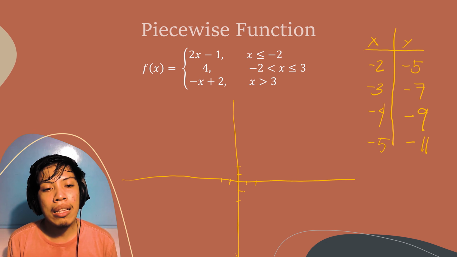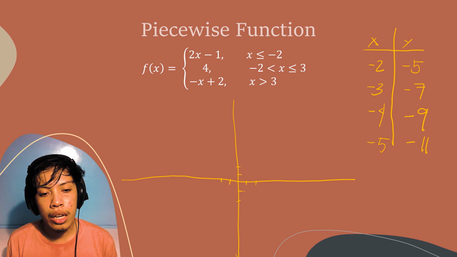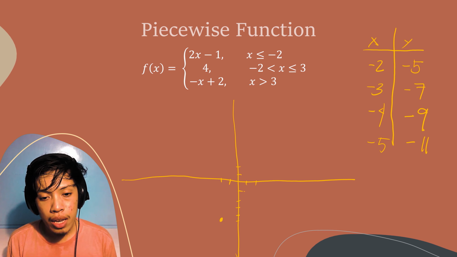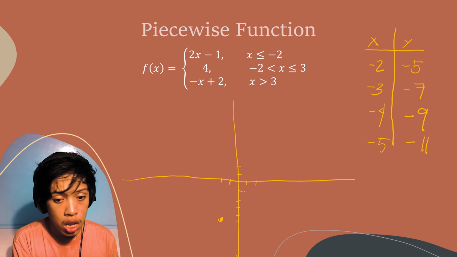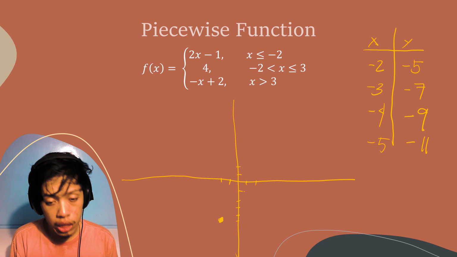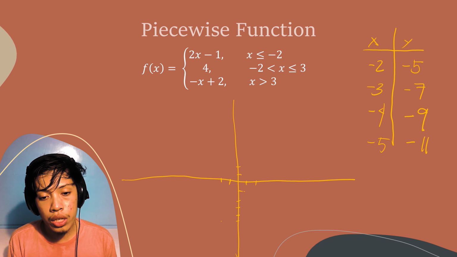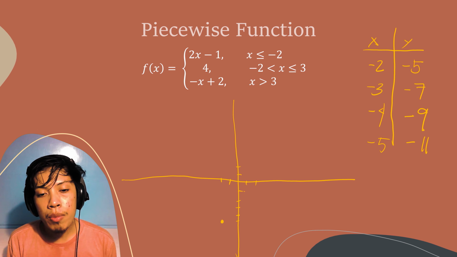Now if we plot these points, we have negative 2, negative 5: 1, 2, 3, 4, 5 here. Let me emphasize why I used a solid dot and not a hollow dot. That is because negative 2 is included.